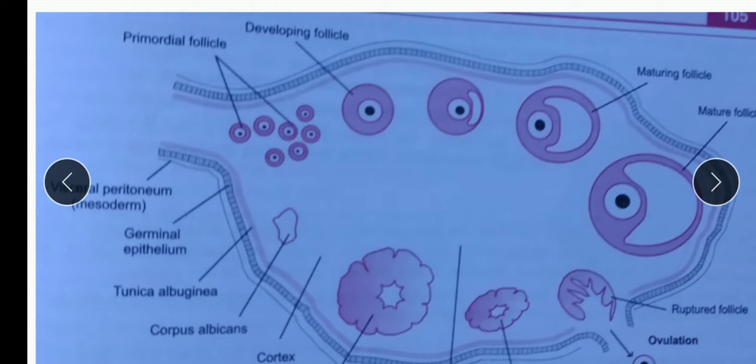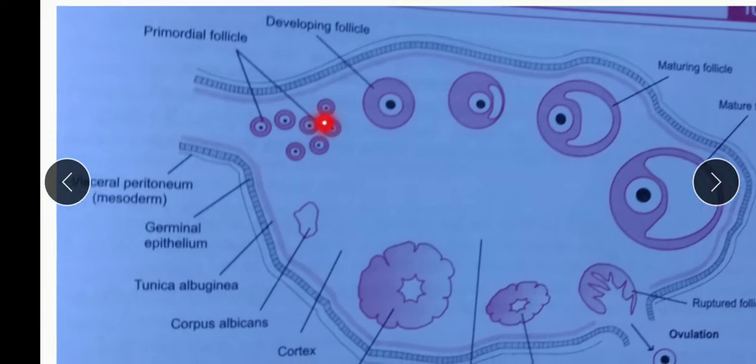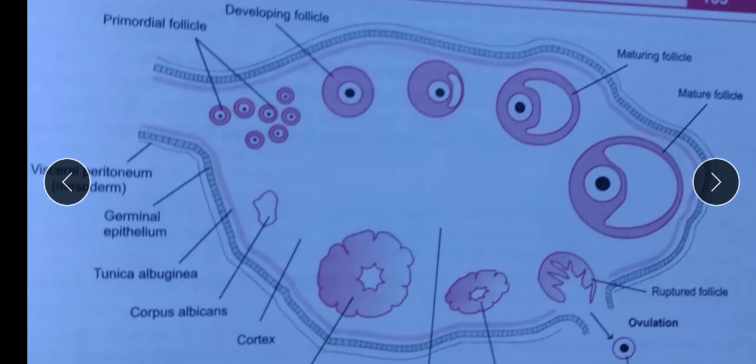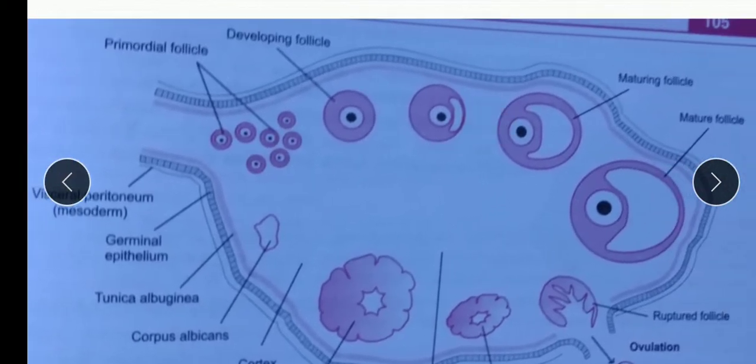So let me study the different follicles and their development in the ovary. Here, out of the primordial follicles, one follicle develops into the mature follicle, known as the Graafian follicle. At puberty, each ovary contains about 60,000 to 80,000 primary follicles, and primary follicles remain immature up to puberty.